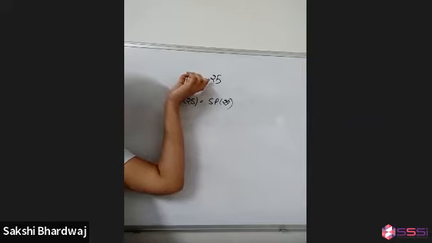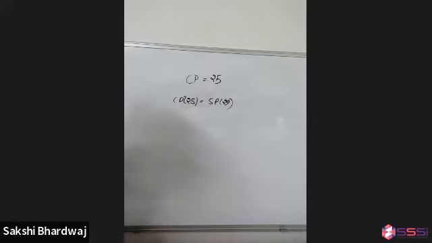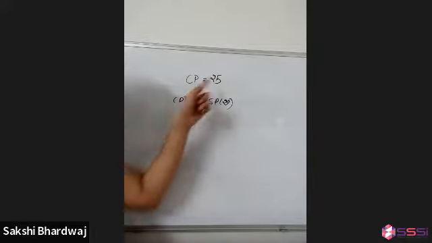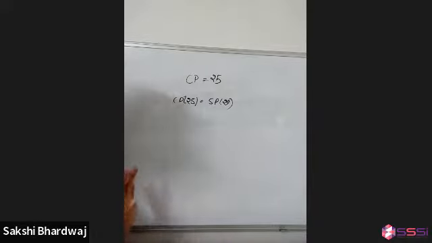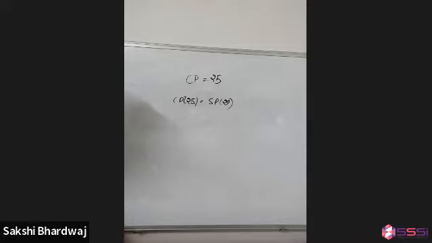The cost price is 25 rupees and you sold those goods for rupees 20. You invested 25 and you got 20 only. What is it, profit or loss? Loss. Yes, loss.